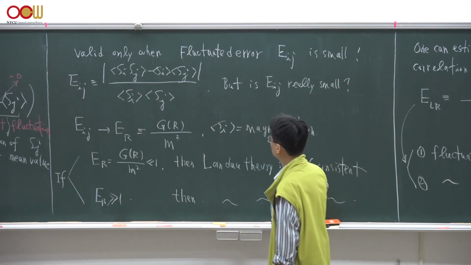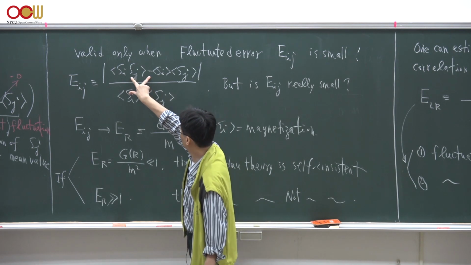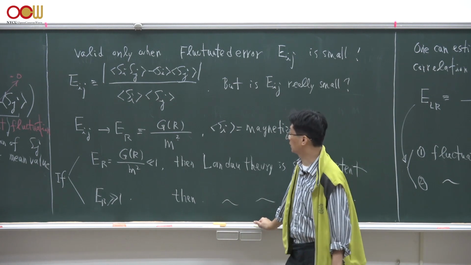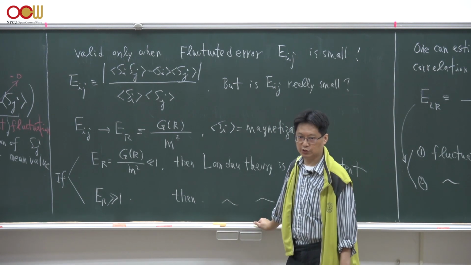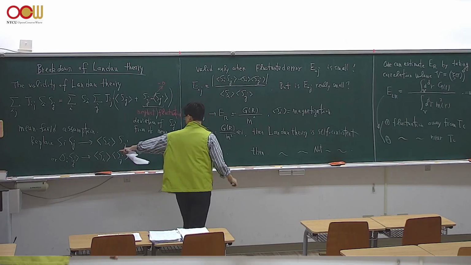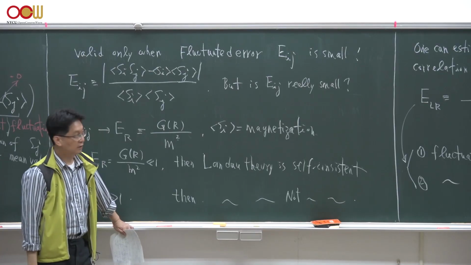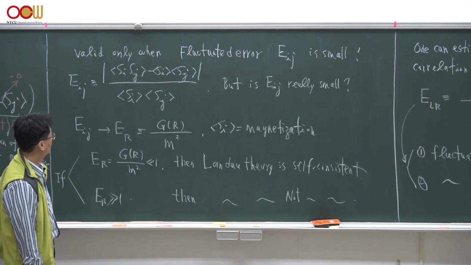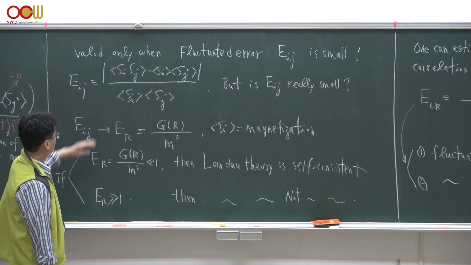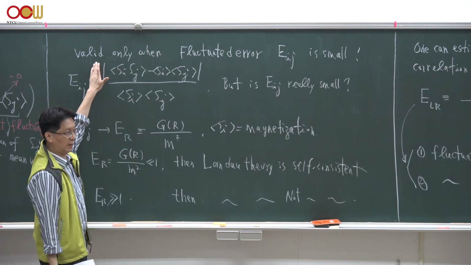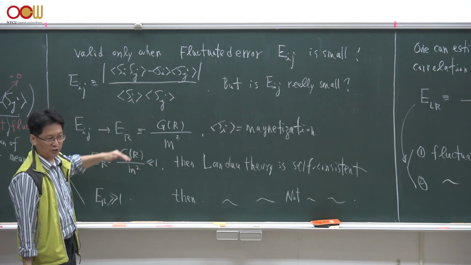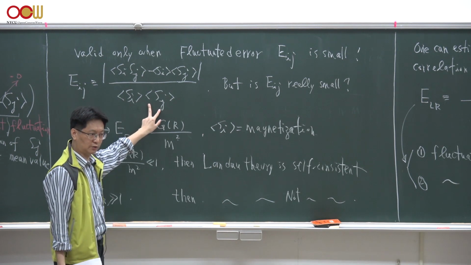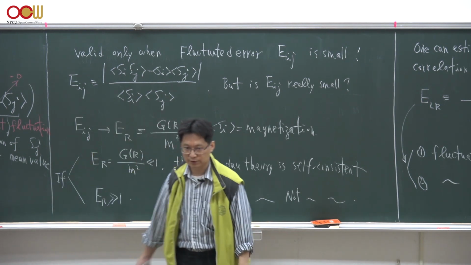The numerator is the deviation of the average of Si.Sj from the product of the Si average times the Sj average. That is the error by treating the average of Si.Sj as a product of Si average times Sj average. But this is just the absolute value of the error, so we need to take the ratio of this value to Si average times Sj average to get the percentage of error.